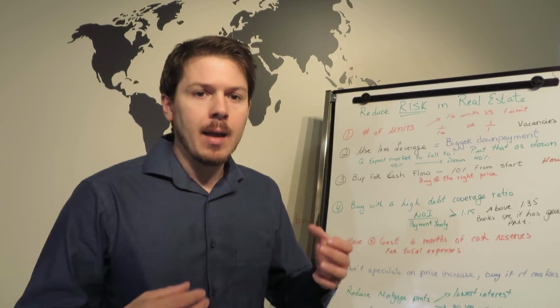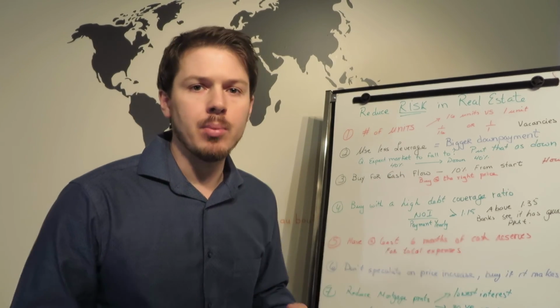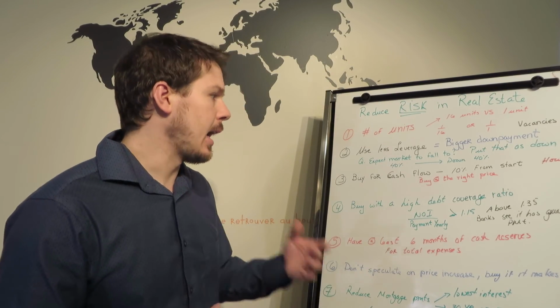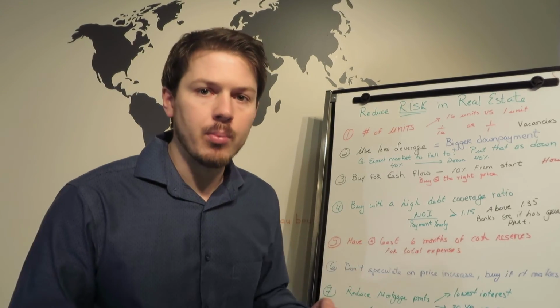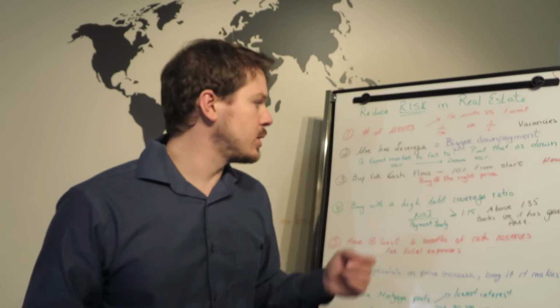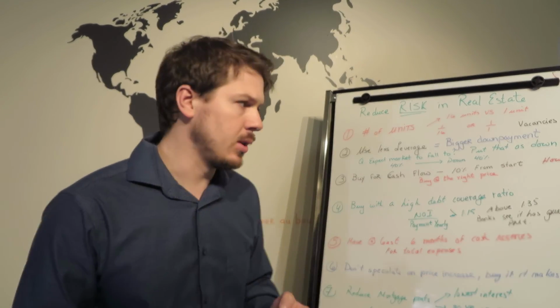The third point, buy for cash flow. Okay, I look at properties that can generate a 10% cash flow on the money that I invest, cash on cash returns. How? You need to buy at the right price. If you overpay for something, then you're not going to satisfy this cash on cash returns.